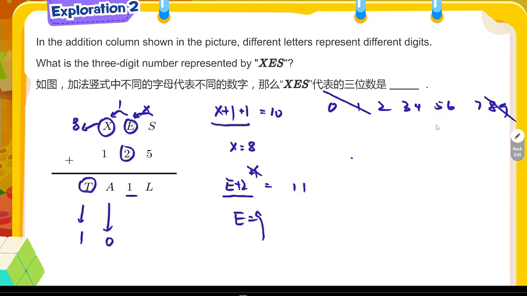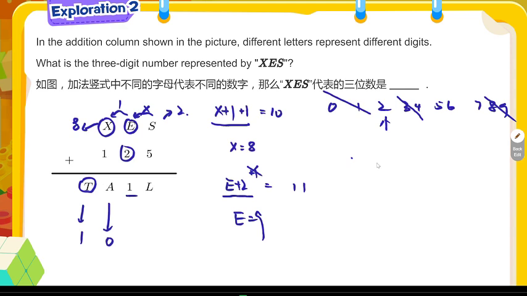And 8 and 9 are used, so we cannot have 3 and 4 here, because 3 plus 5 is 8, and 4 plus 5 is 9. And we also know S cannot be more than 5, otherwise 5 plus 5 is larger than 9, so it's not okay for L. So the only possible digit is 2. So we know that S is 2.